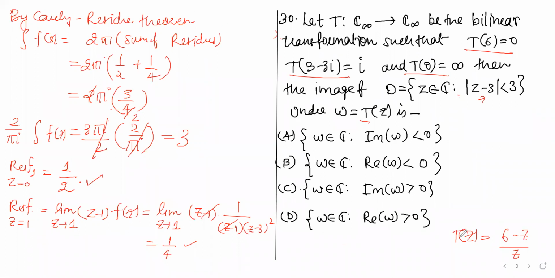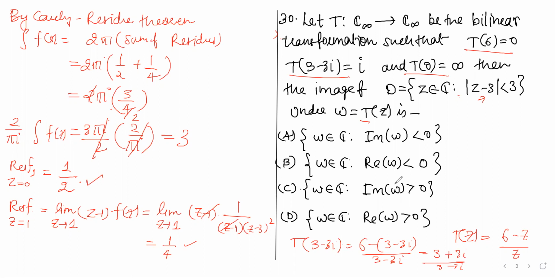So what can I do here? T(3 − 3i), let's substitute: (6 − (3 − 3i)) upon (3 − 3i). So 6 minus 3 gives 3, plus 3i, over 3 minus 3i. I think I made a mistake.